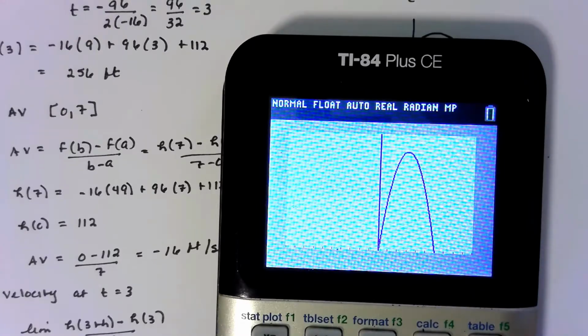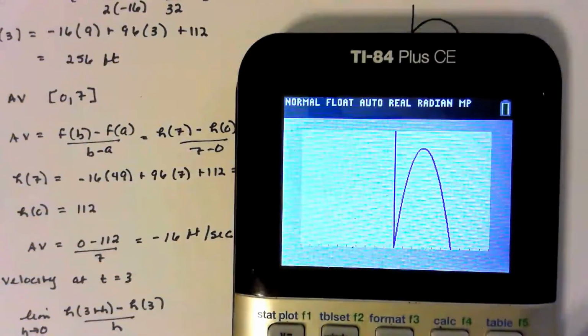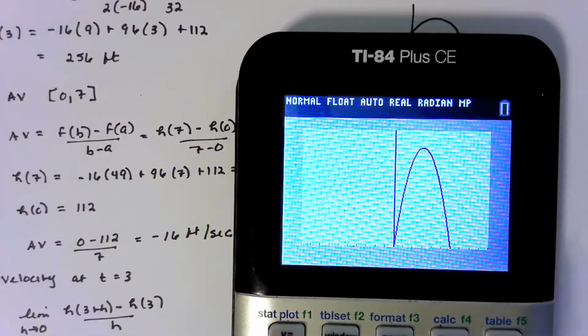That's your intercept. So in part B, anyway, it doesn't give me my average velocity at negative 16 feet per second, but it does show me that 7 is clearly an intercept for the graph. In part C, they wanted the velocity at t is equal to 3.